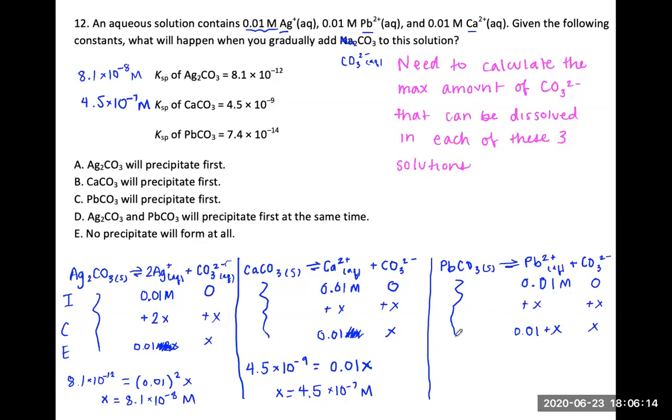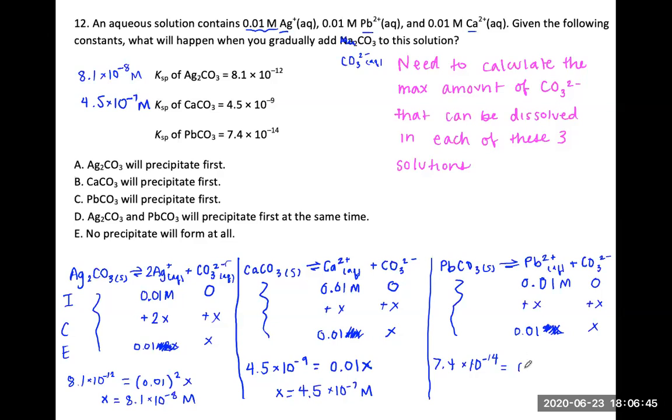Okay, so then we just have to look at our KSP value, which is given to be 7.4 times 10 to the negative 14th. And that's going to be equal to our aqueous products multiplied together to the power of their coefficients. It's definitely the smallest KSP, so we can ignore our added or subtracted x's.